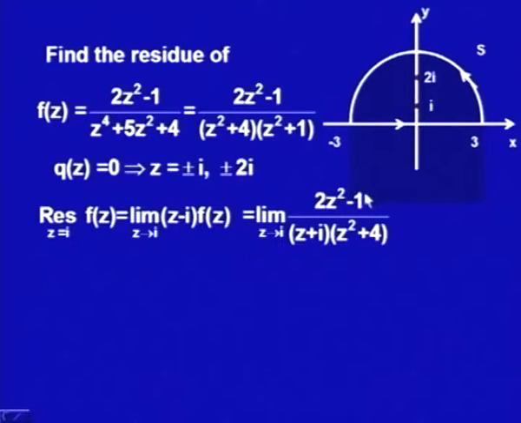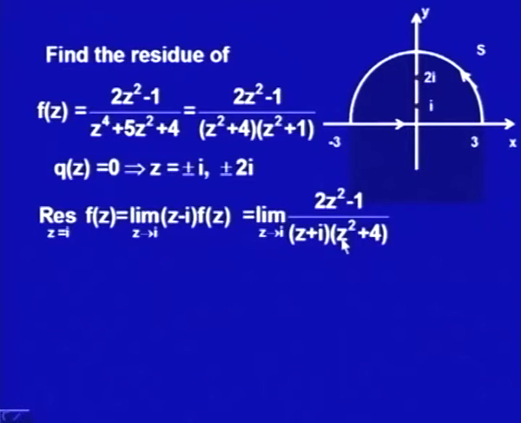That says we just evaluate this function at z is equal to i. If I am evaluating at z is equal to i, we get z² is equal to minus 1. So, it would be minus 2 and minus 1, that is minus 3. My numerator would be minus 3. See the denominator. At z is equal to i, this term would be 2i.